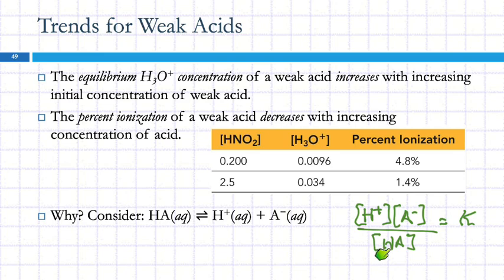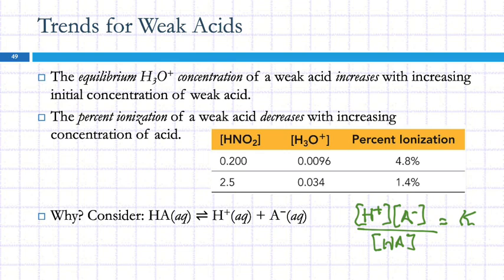If I double the bottom concentration, that's not going to increase the top concentrations by twice as much, because then that would violate the equilibrium constant. It wouldn't work. So if this goes up by a factor of 2, these are going to go up by a factor of less than 2. And so at higher concentrations, the amount of hydrogen ion per initial concentration gets smaller and smaller. Yep.